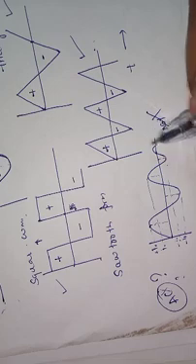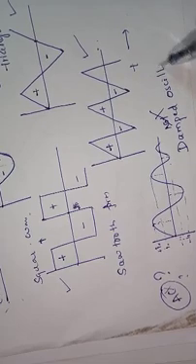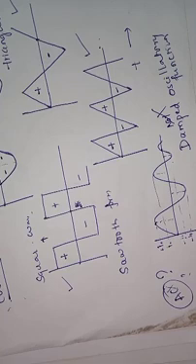So this we can call a damped oscillatory function, but it is not AC. Let me draw one more diagram like this.